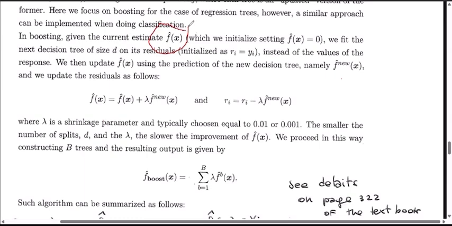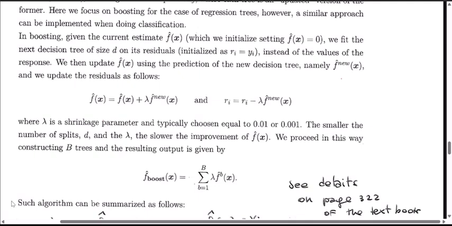Now we initialize by setting the prediction to 0. And when we set that prediction to 0, we then fit the next decision tree of whatever size on its residual.